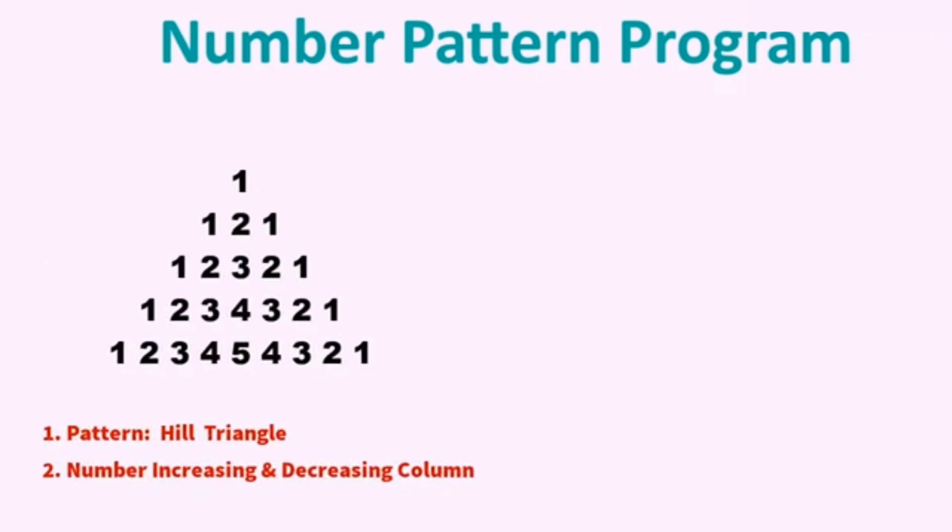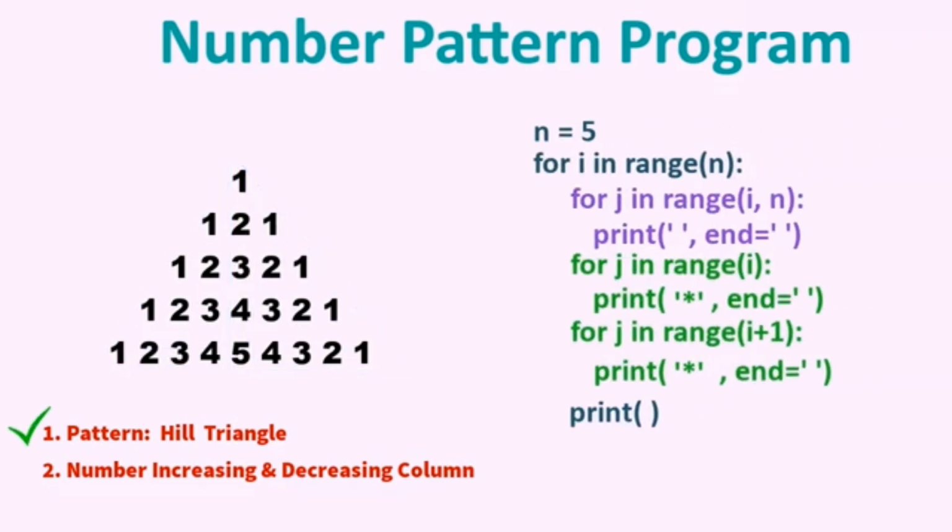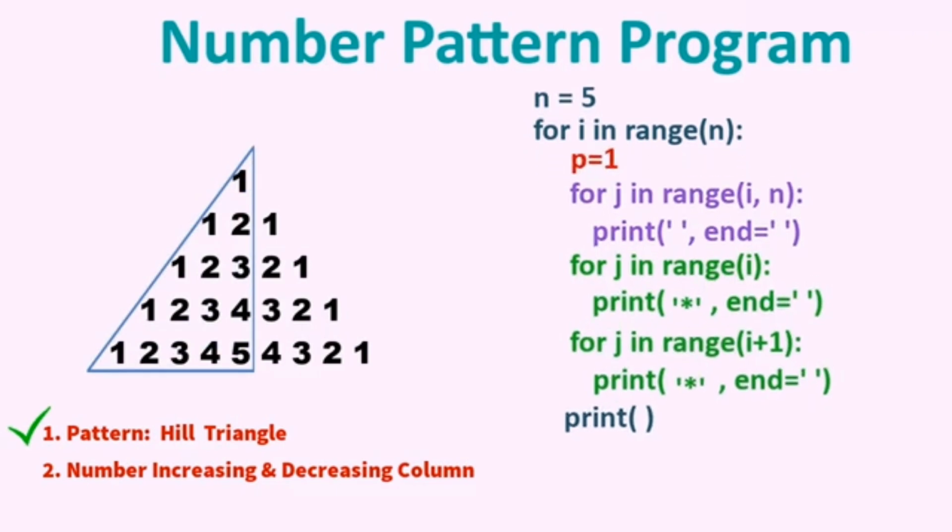What if the pattern was a hill pattern like this? You just learned how to do increasing number and decreasing number with variable starting number. We will first get a standard program for hill pattern using star. Since it is incrementing columns, we use the same starting number. The moment we enter the outer loop, we will initialize P to 1. There is no change in the loop printing space.